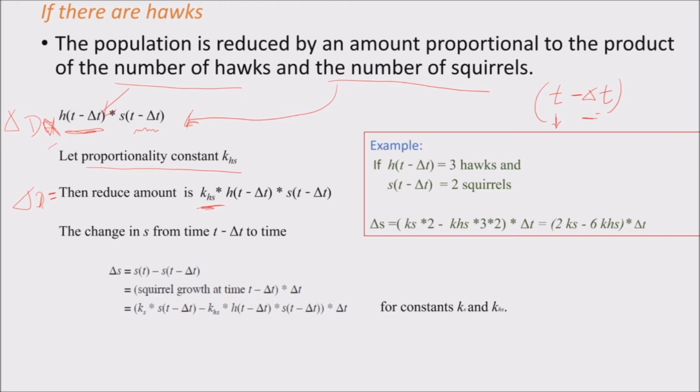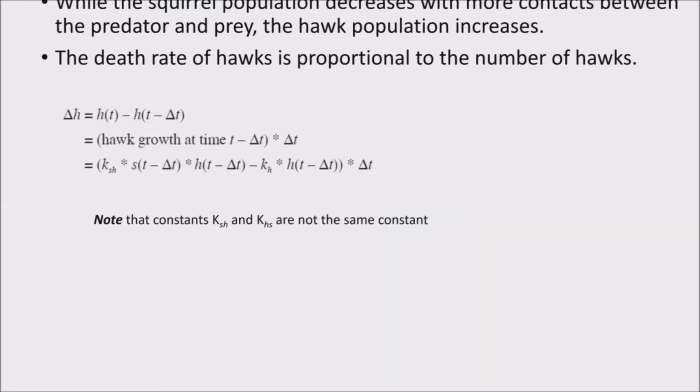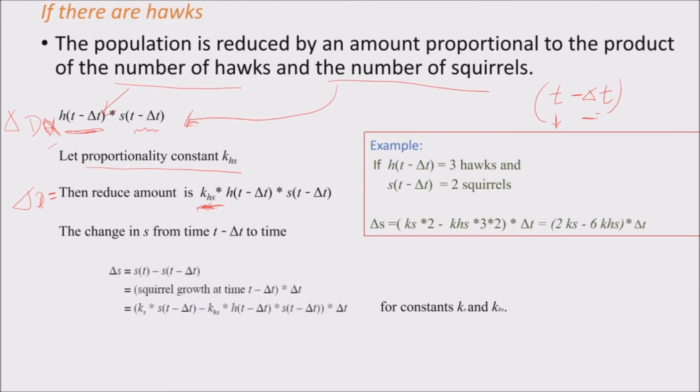The reduced amount is k times hawks times squirrels. Pay attention to this one as well. This is changing from hawks, squirrels to hawks. Oops, I jumped one ahead. So this is what the death value is going to be. This is nothing but the death value.